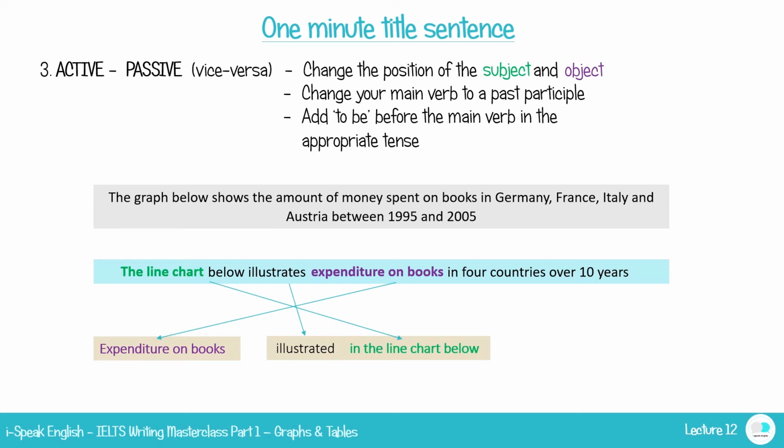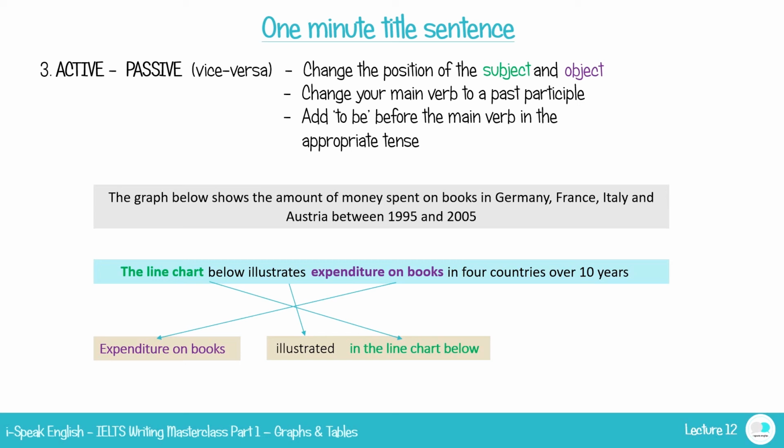Our third stage is to add to be before the main verb in the appropriate tense. So in a passive sentence, you always need to have the word to be before your main verb, and it needs to be in the correct tense. To be actually tells you which tense your sentence is in, whether it's in past, present, or future.